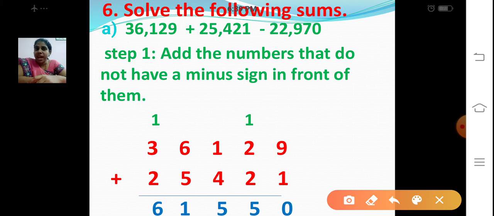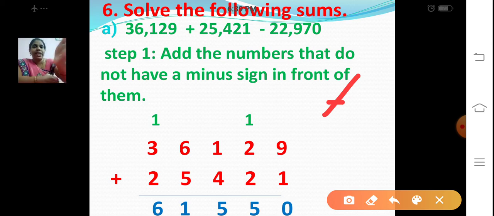If a minus sign is in front of a number, don't add that number. If a minus sign is not there, you should add the number.